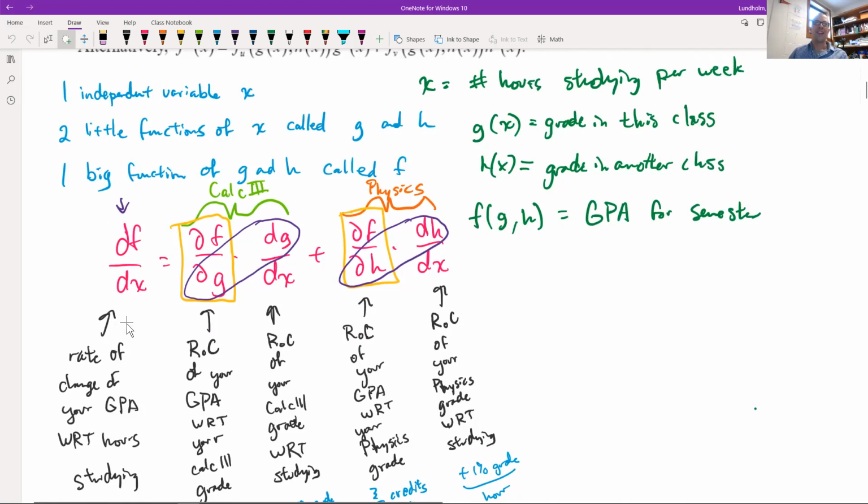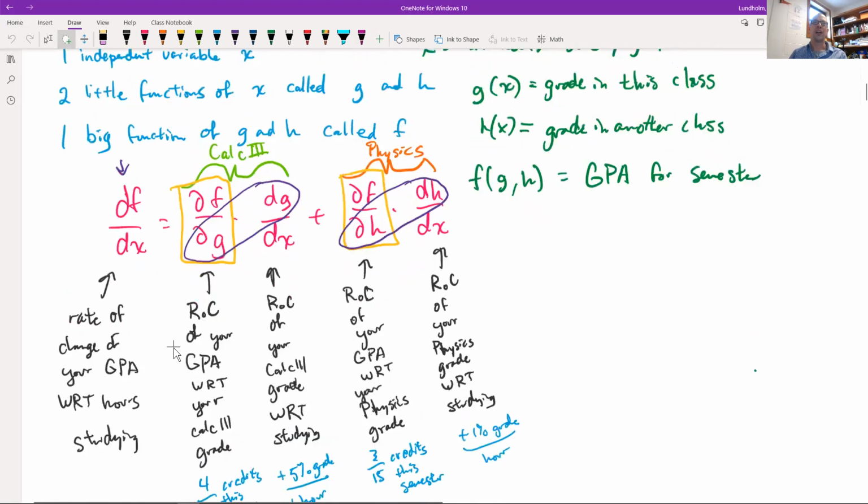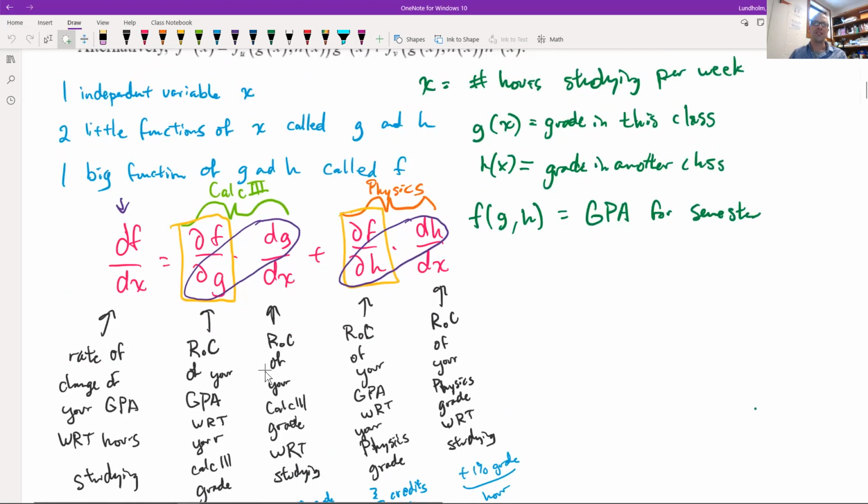In order to get that, we need to multiply some rates of change together, which actually is going to be a dot product. We're going to look at that soon. But yeah, think about for Calculus 3, what you would need to do is figure out the rate of change of how many hours you study affects your grade, and then you would be multiplying that times the rate of change of how that grade changes your overall GPA.